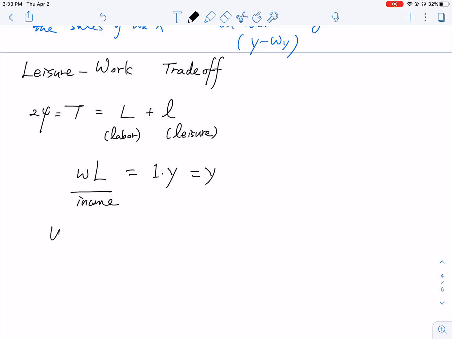And the utility function is a function of leisure and the composite good, right? Remember that this is quite a funny utility function in the sense that the labor is not in the utility function.